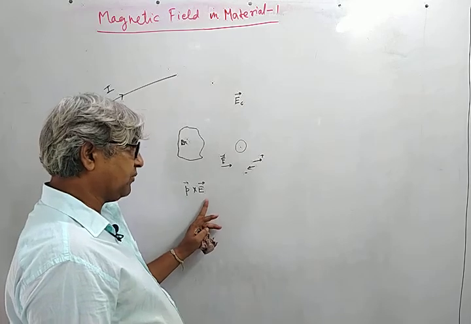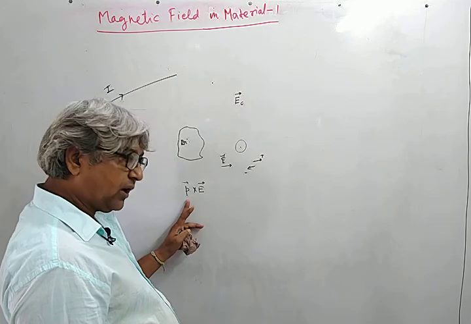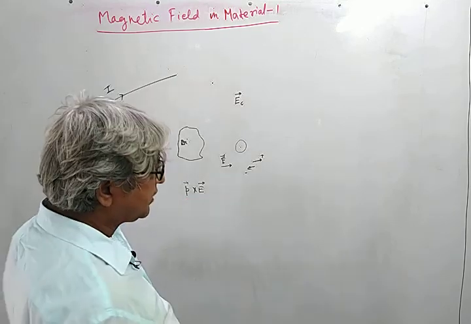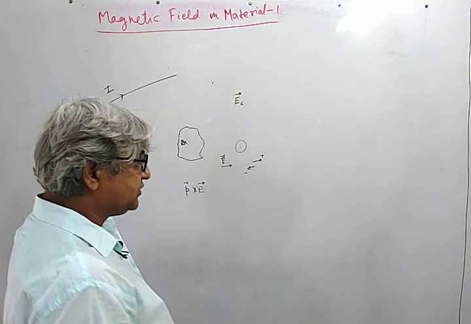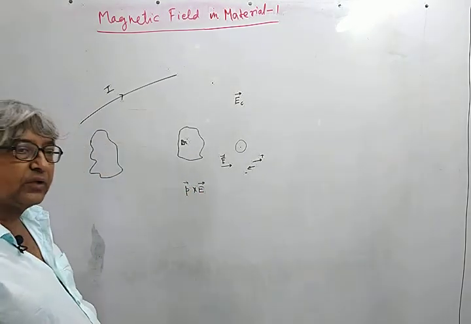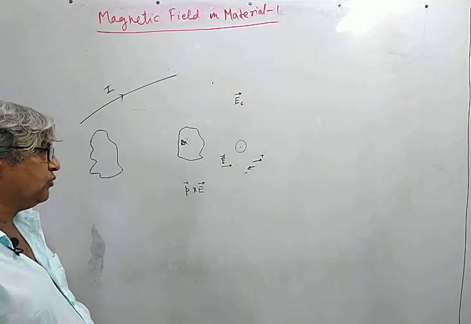Before the application of the field, although there were non-zero dipole moments in a polar dielectric, due to thermal agitation these dipoles were oriented randomly, so that the net dipole moment over a macroscopic volume was found to be zero.